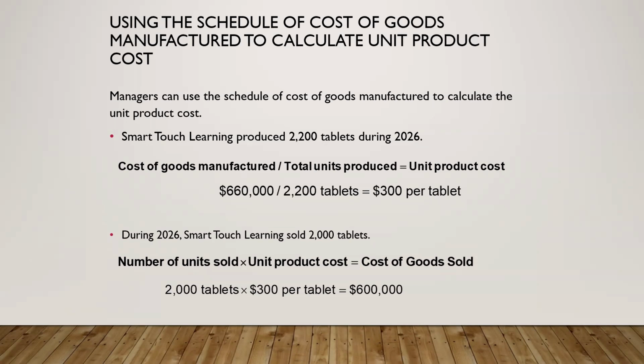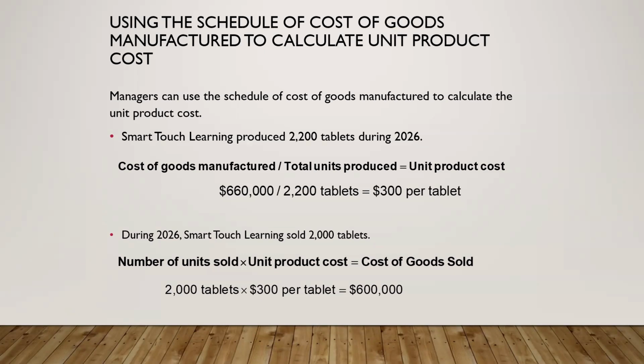They can then measure operating income, and also they can determine the cost of finished goods inventory. As you see here, managers can use the schedule of cost of goods manufactured to calculate unit product costs.